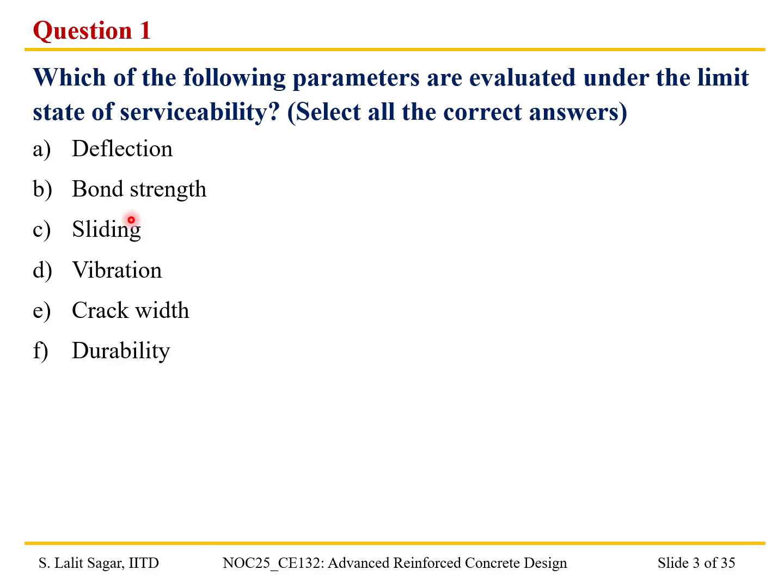As we know, as per the limit state design, there are two parts: the limit state of strength and the limit state of serviceability. So we need to identify which of them come under the limit state of serviceability. The remaining aspects will be dealt with under the limit state of strength.